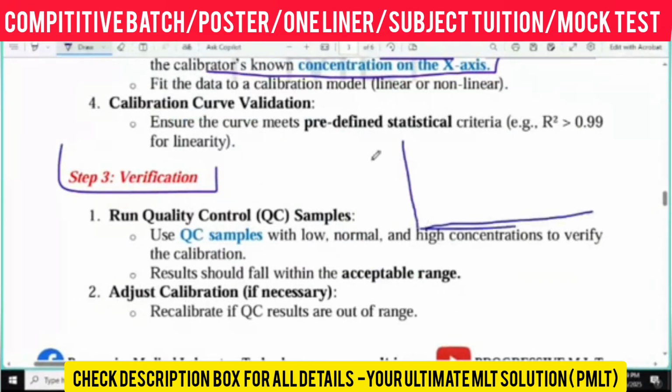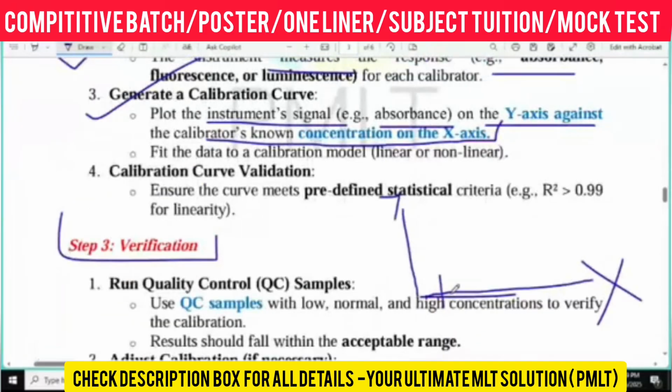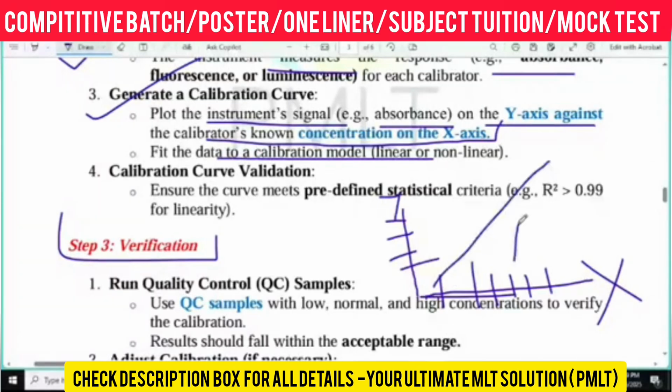That is the graph, that is the y-axis, that is the x-axis, right? You present the known concentration of this particular calibrator here, and you put here the concentration you are getting from the instrument. Then the x and y axis graph should be formed, and the data should be in a linear form like that, or a non-linear form like that.